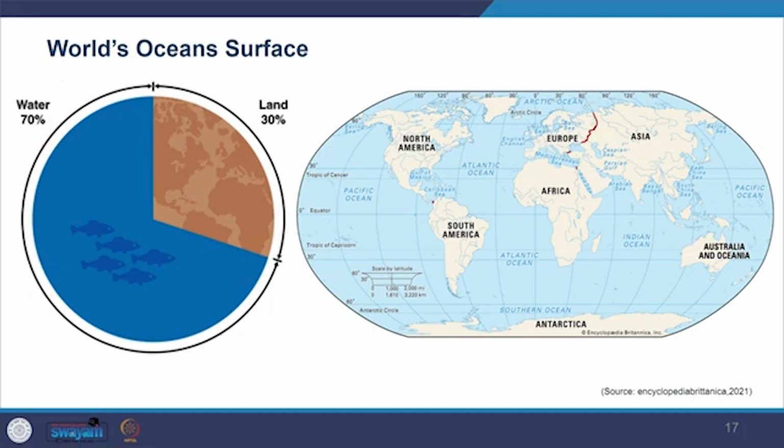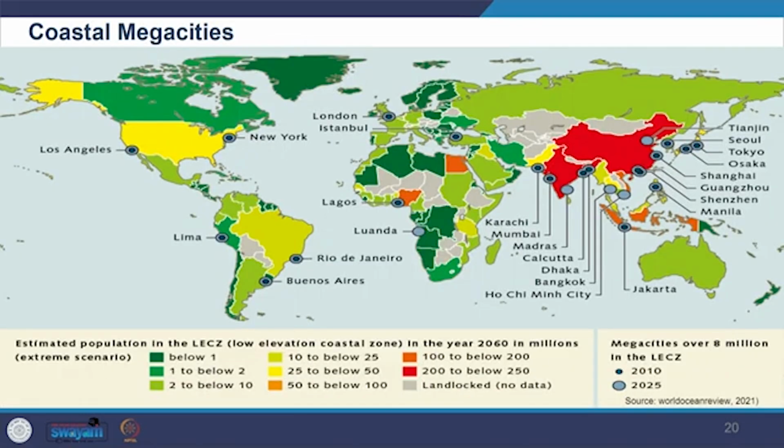The world's ocean comprise more than 70% of Earth's surface. And as per the report, more than 1.9 billion people lived in coastal areas in 2010, and we see that the number is expected to reach 2.4 billion by 2050. So 2.4 billion people will be affected by the change we are talking about. That is a huge number we are looking at.